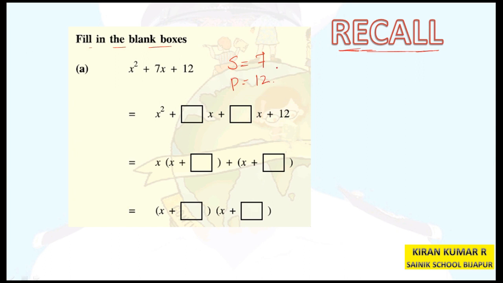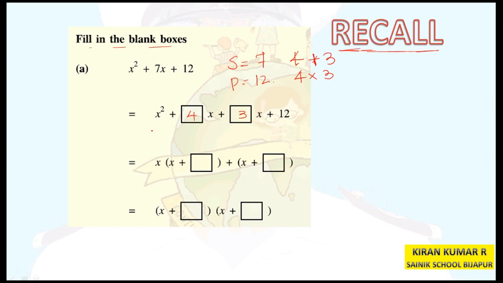Now you can guess what should be those two numbers so that the sum becomes 7 and the product becomes 12. It is positive 4 and positive 3. By adding them, it is 7. By multiplying them, it is 12. So in the next step, I have to write this blank with 4 and this blank with 3.